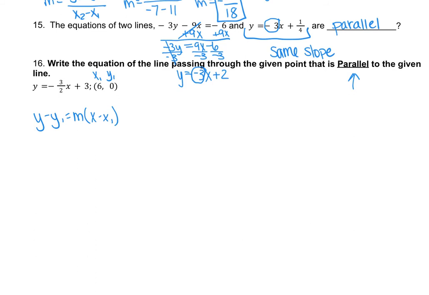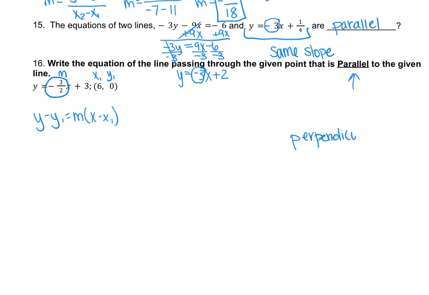They said they want a line parallel to the given line, so that means we want the exact same slope that they gave us already. Okay, so we want to use the -3/2 for our m. Just as a little side note, if they ask for perpendicular instead, don't forget that you need to change the sign and flip the fraction. So we're going to go ahead and write that off to the side.